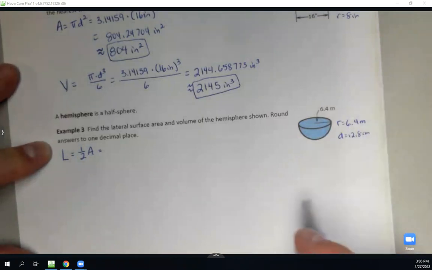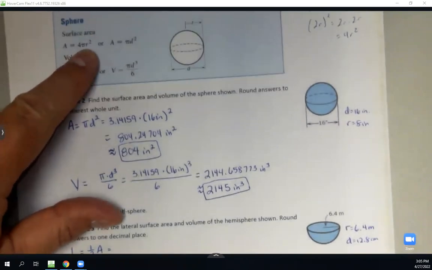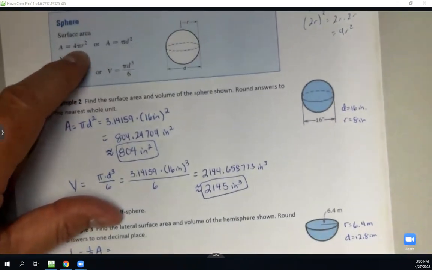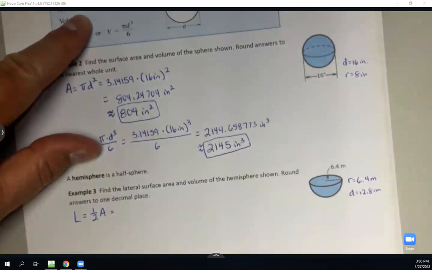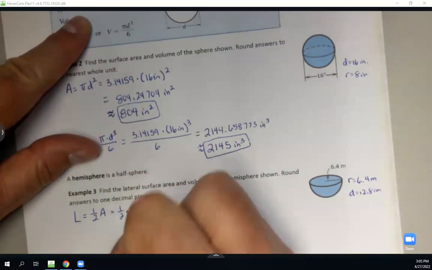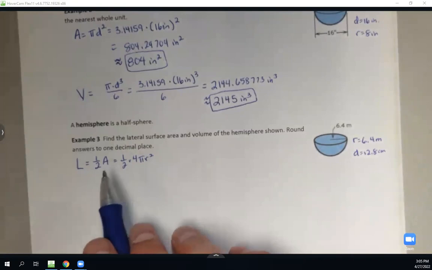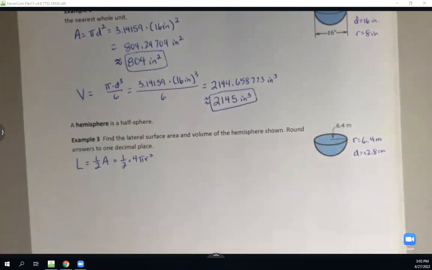So it's not a big deal. But if I'm using the radius, I would use the 4 pi r squared formula. Does that make sense? Okay. So again, it's just half of the whole surface area.